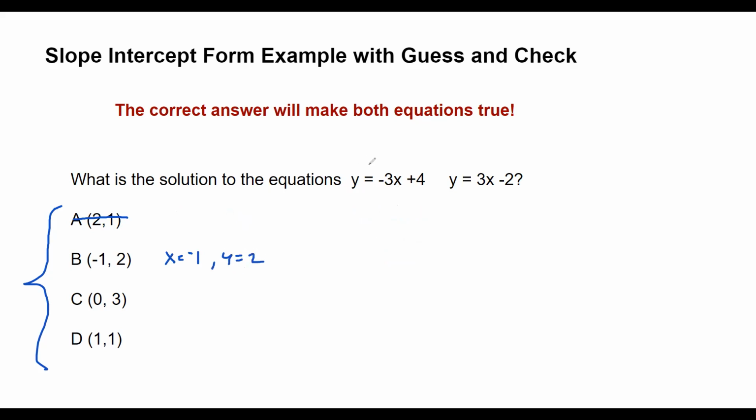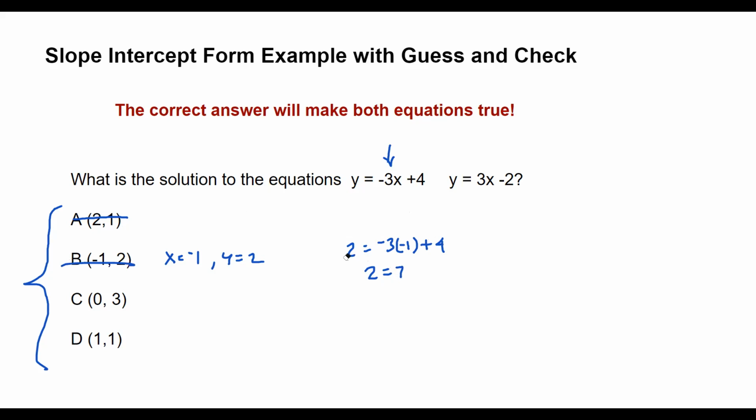And I'm going to, once again, substitute into this one first. 2 is equal to -3 times -1 plus 4. Now, I would encourage you to use your calculator for this right side to make sure that you don't make a math mistake here. And when you do that, you should get 2 equals 7. Also incorrect. So we move along.